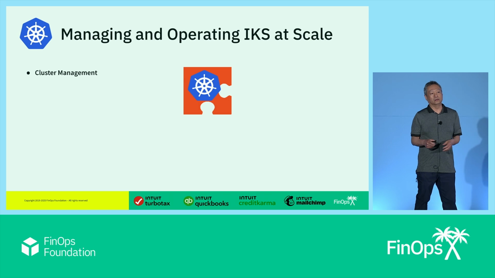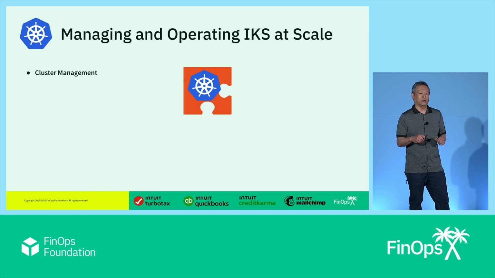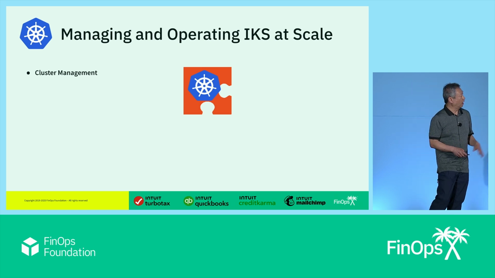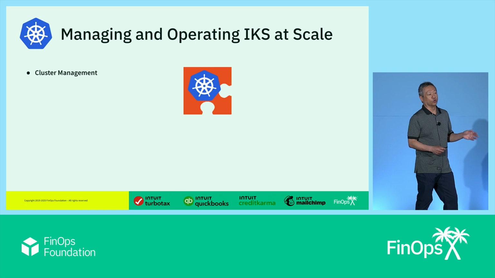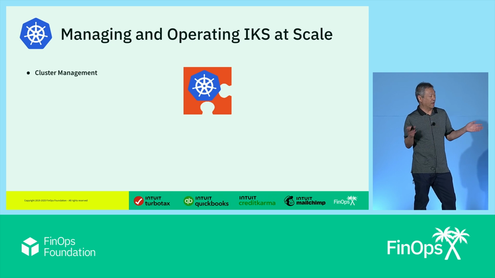Every release that we have has to be BDD tested, which is behavior-driven development testing. It needs to be load tested and performance tested, and then we do chaos testing with it as well. Once those releases have been certified, Autopilot is responsible for rolling them out across our platform.